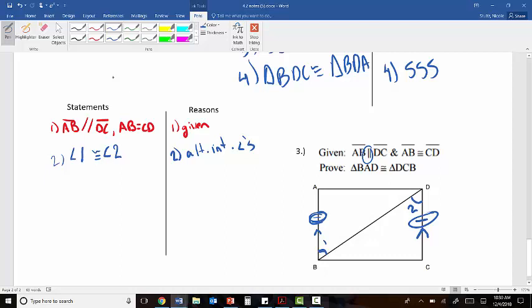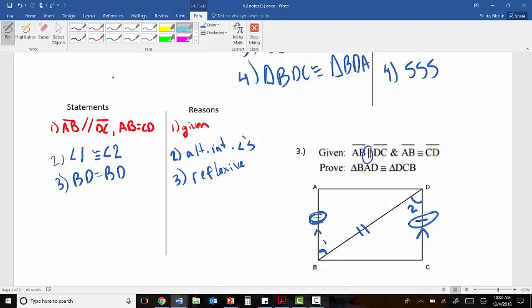So now you have a side and an angle. So I'm definitely looking for a third or a second side. And now we're going to say something about the one in the middle. So BD equals itself because of that reflexive property.